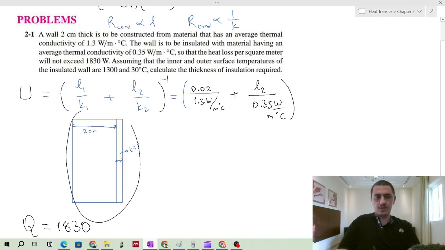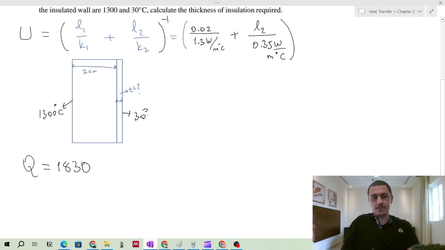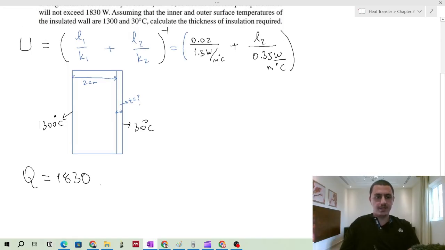So we should have multiple domains, and this is what is given. Insulated wall means the whole domain from the wall and thick insulation layer. So you have inside high temperature like 1,300, and here 30 degrees Celsius. So we have the delta T, and we can calculate it from there.